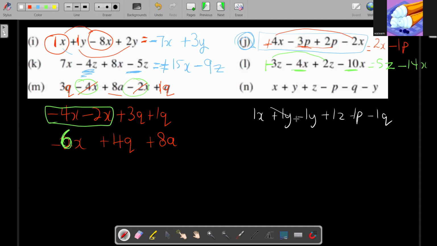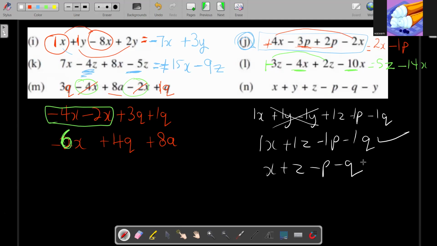Do you think we cancel here? 1y take away 1y is 0. So all remaining is 1x plus 1z minus 1p minus 1q, or you can just put x plus z minus p minus q. All those who got that correct, let me see your hands. Good work.